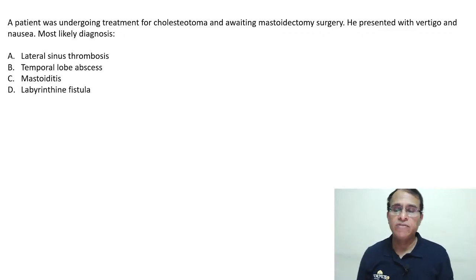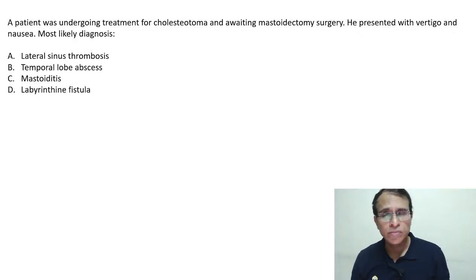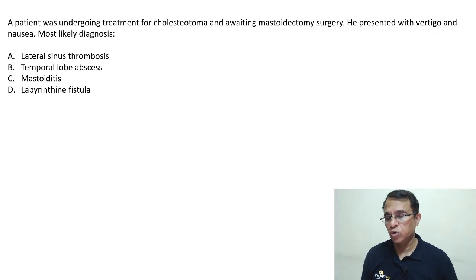The patient had cholesteatoma and was waiting for the surgery, but before the surgery could be done, a complication happened, and because of the complication, the patient begins to have vertigo and nausea. So, most likely diagnosis?